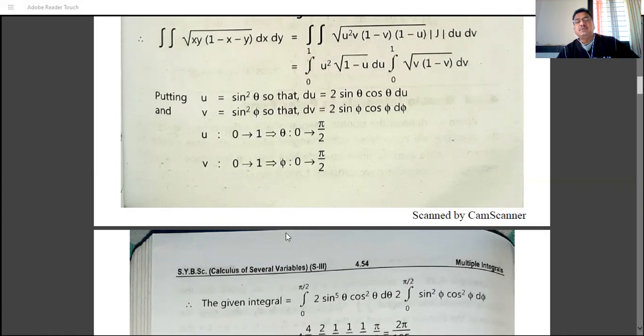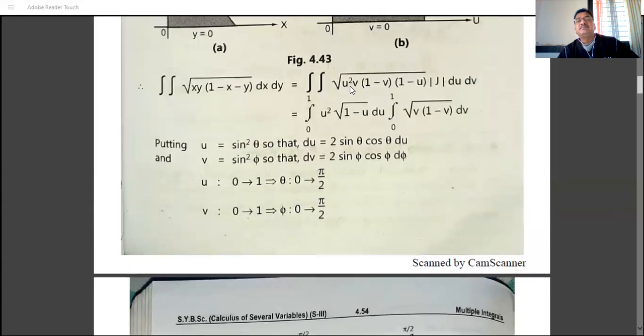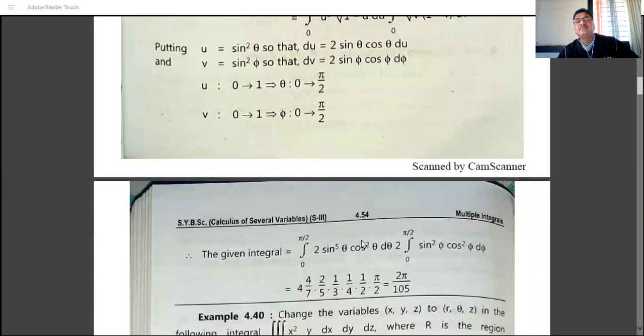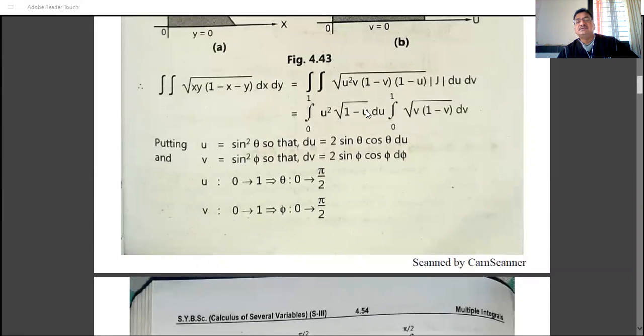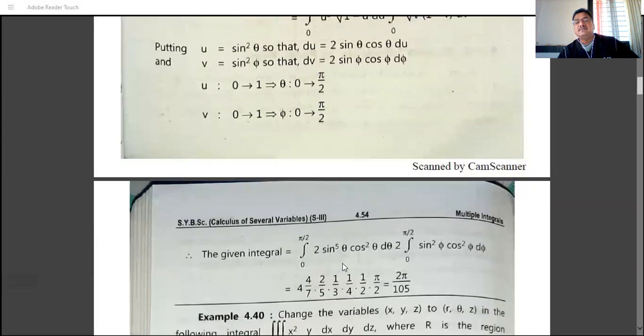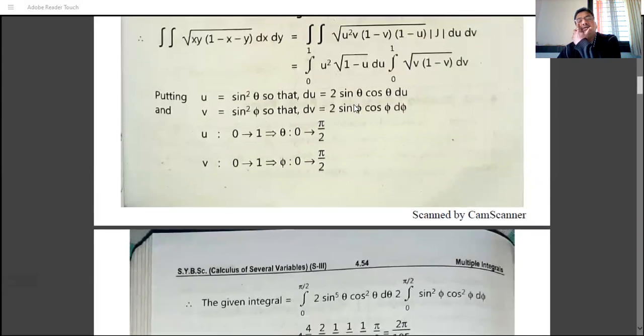So the limit 0 to 1 is replaced by 0 to pi by 2. And u square means this is sine raised to 4 theta. 1 - sine square theta is cos square theta. Its root is cos theta. So this is cos theta, and with 2 sine theta cos theta, in all we have 2 sine raised to 5 theta cos square theta d theta.